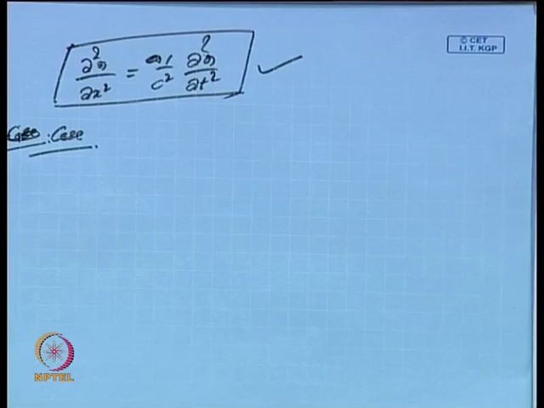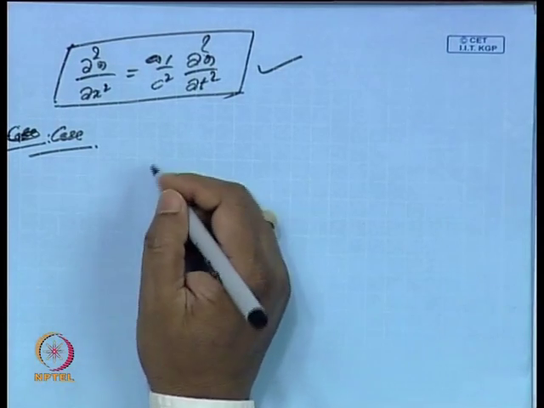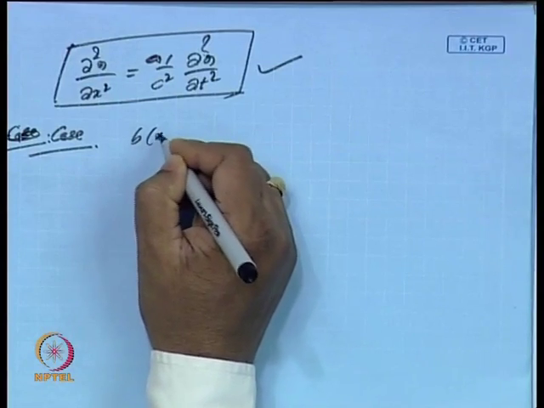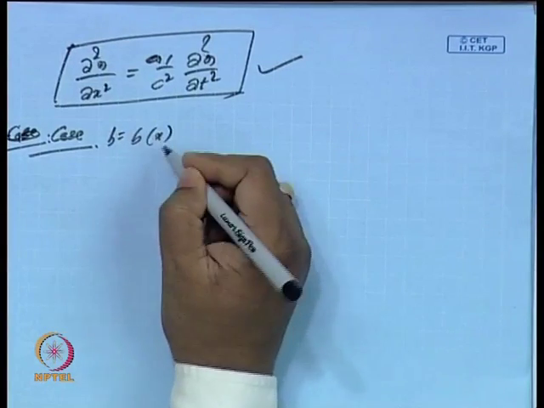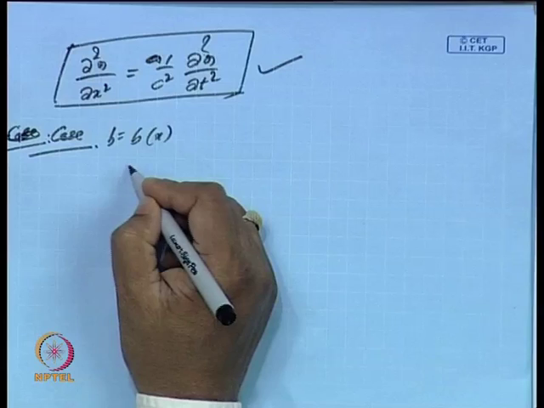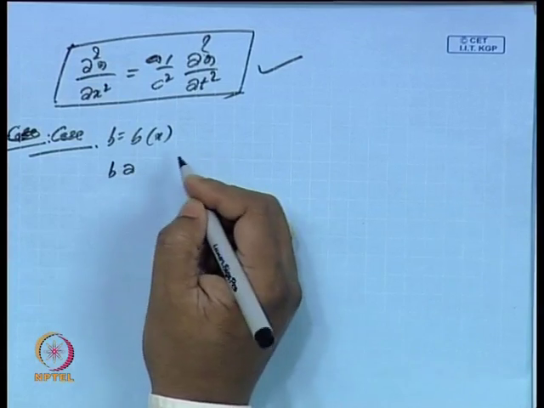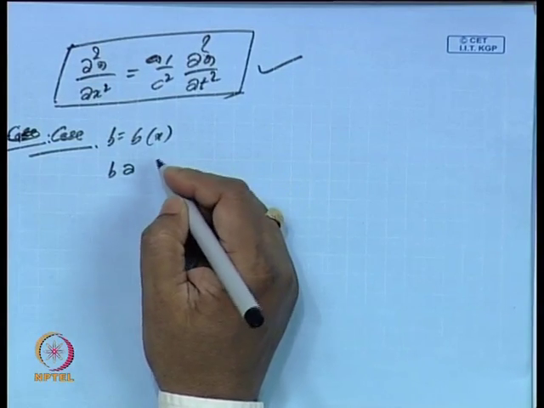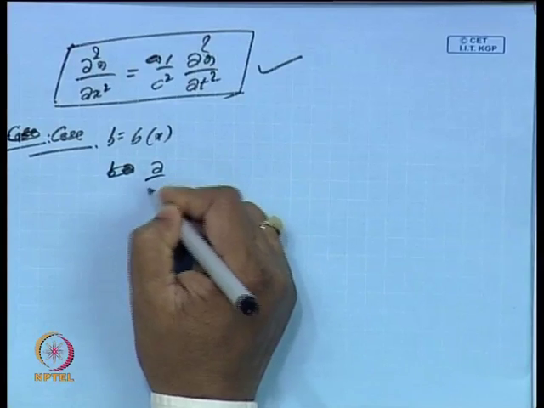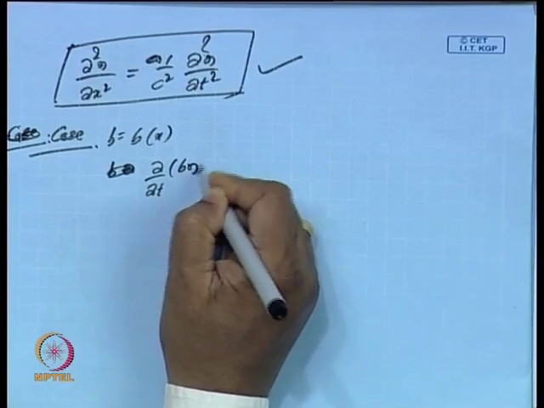We have already seen that in case of a channel when b is equal to b(x), then we have del eta by del t, then we have b into del u by del t, rather b del by del t of b eta.